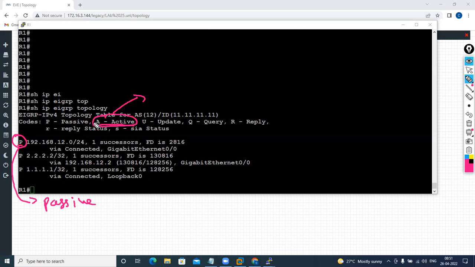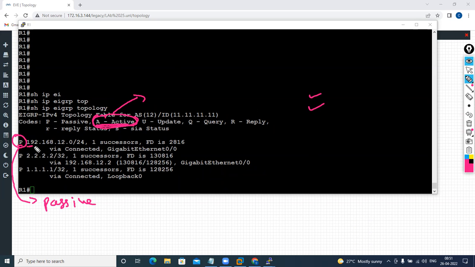Passive means EIGRP is stable now, there is no problem with the EIGRP routing. When there is a problem, then this P will be converted to active. Let us consider we have lost a successor or we don't have a feasible successor. Then it will start querying, right? So I don't have a successor and a backup, the primary best path and the second path as well. Then the router will put this state in active state. Then it will start querying. So we should always see passive here, which means it is stable.